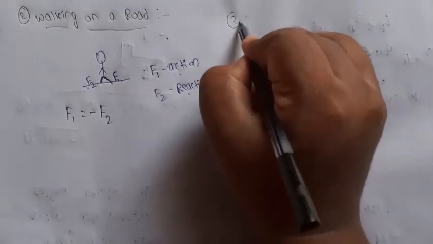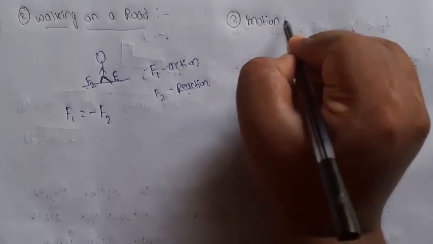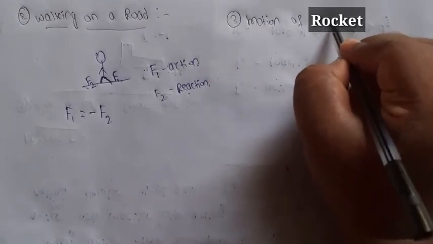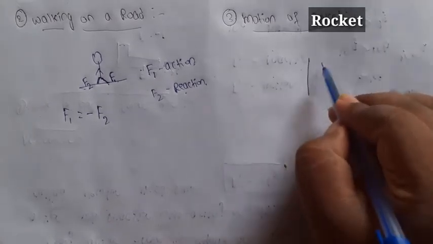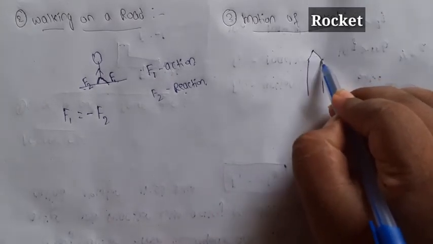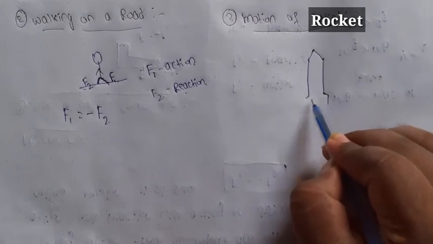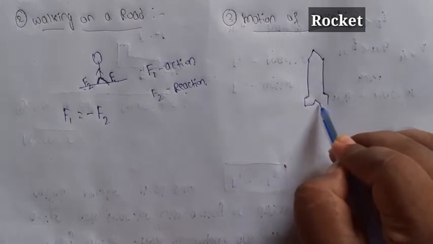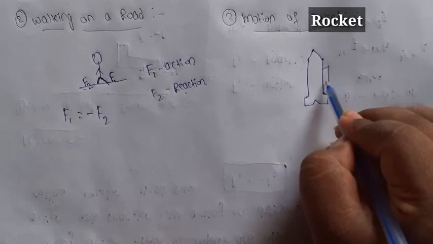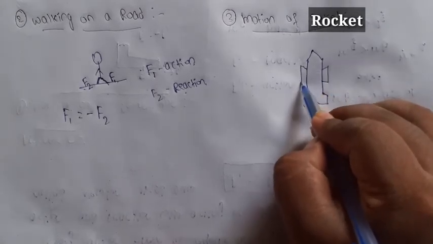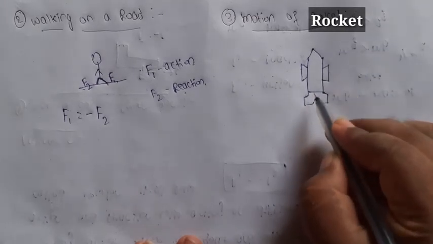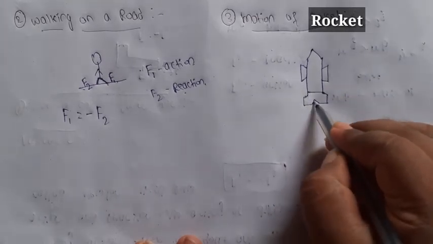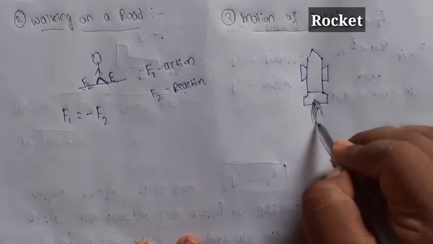The third one is motion of a rocket. This is a rocket. When you place fuel in the rocket, all the fuel is going to burn.